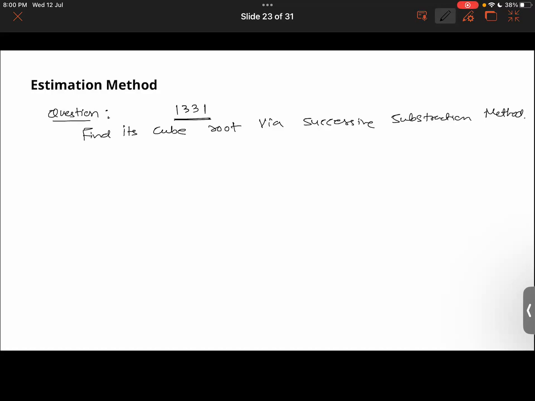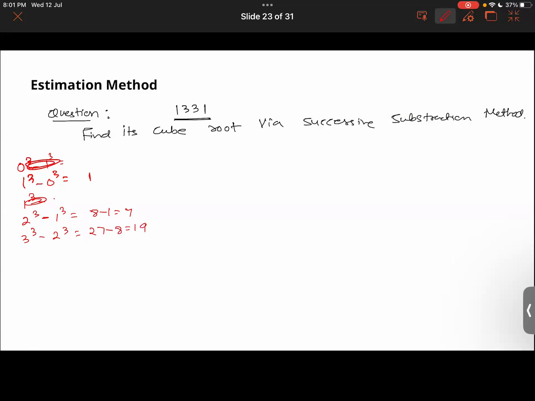For reference, you can do this. 1 cube minus 0 cube equals 1 here, then 2 cube minus 1 cube equals how much here? 8 minus 1 equal to 7. Then 3 cube minus 2 cube equals 27 minus 8, that is 19.